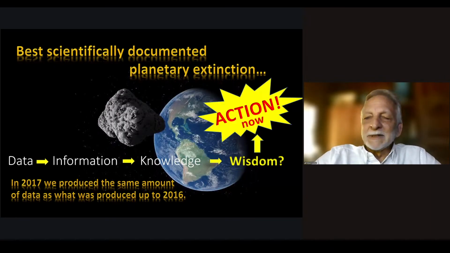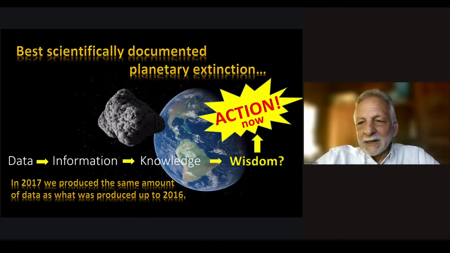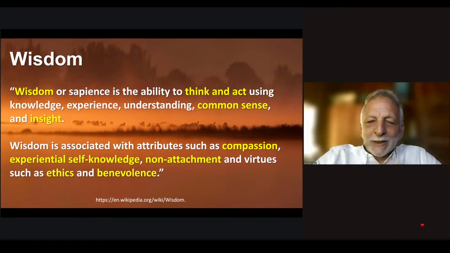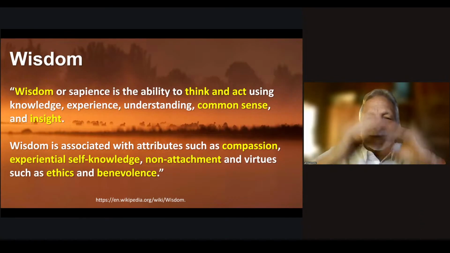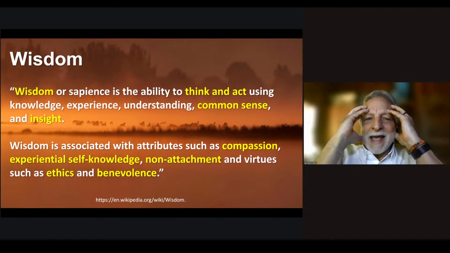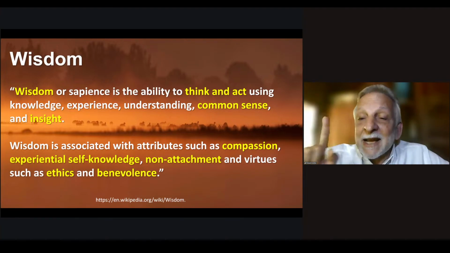We are not going to be successful saving the planet by publishing peer-reviewed journals. We're going to be successful by demonstrating to all the farmers, all the people, that we are still on time to build the future we want. And what is wisdom? Go to Wikipedia. It's the ability to think and act using knowledge, experience, understanding, and common sense.